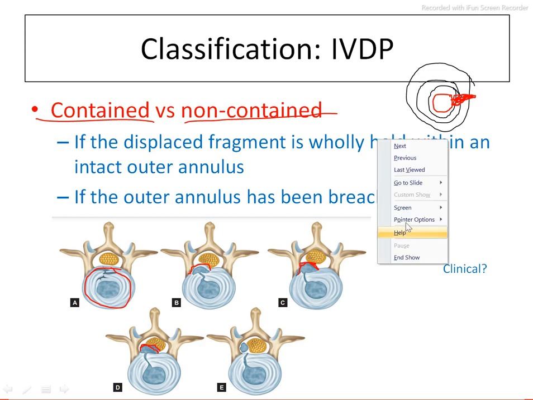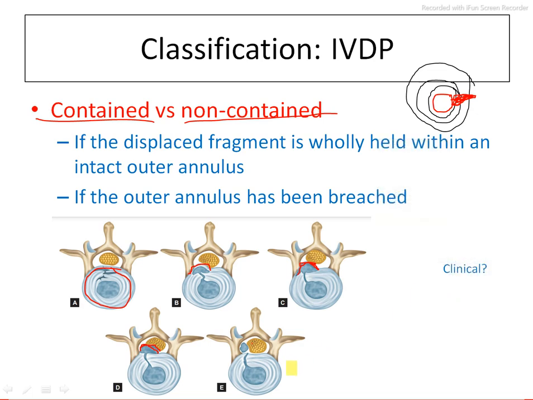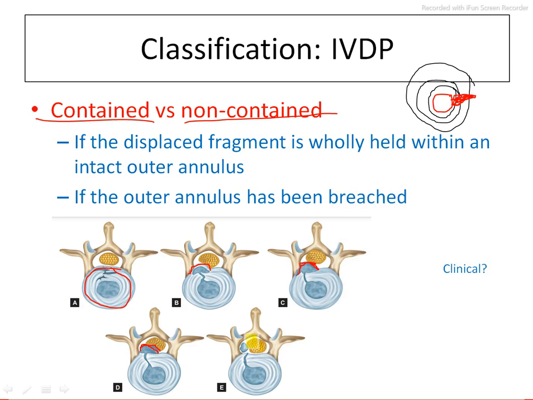So what is the clinical implication of content versus non-content? When it is non-content, suppose this is the non-content one, it is lying freely in this area. And when it is not contained, then it comes into action of proteolytic enzymes. And because of this, they are resolved faster.